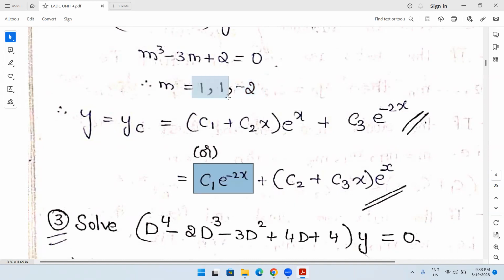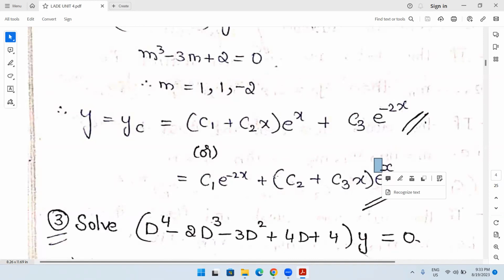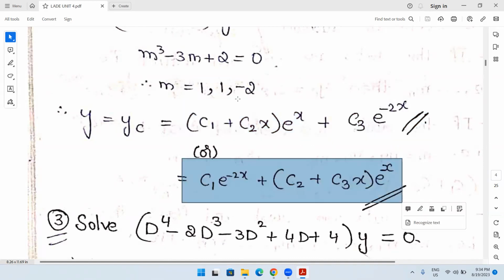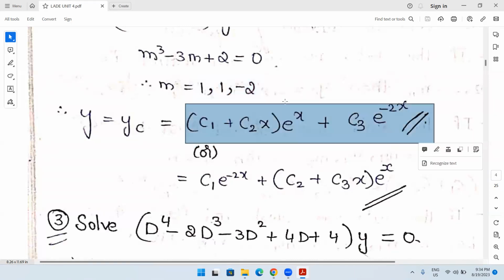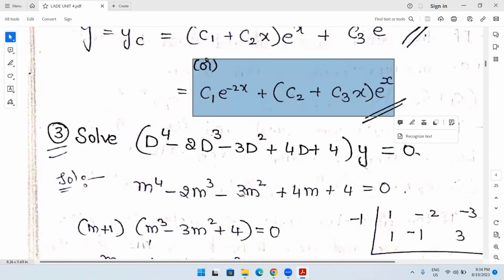And the second and third roots are equal, so we write at the end C2 plus C3x into e power m2, that is the equal root 1, 1x. So we can write the solution in this form or in this form. If we write the roots as 1 comma 1 comma minus 2, this is the solution. If we write the roots as minus 2 comma 1 comma 1, this is the solution. Both are the same, so no need to confuse.